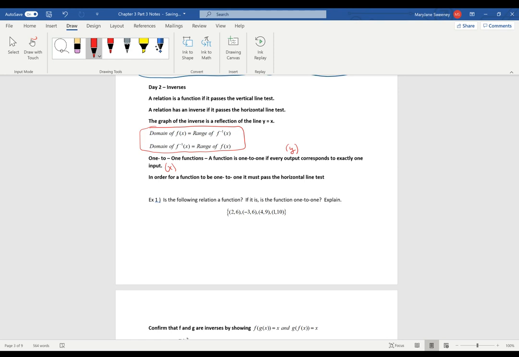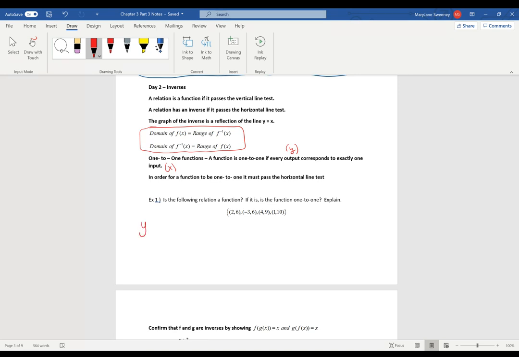So they say, is the following relation a function? If it is, is the function one-to-one? Explain. Okay, so to determine if it's a function, basically my x's can't be repeated, going to two different y's.